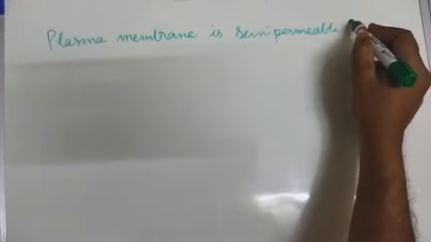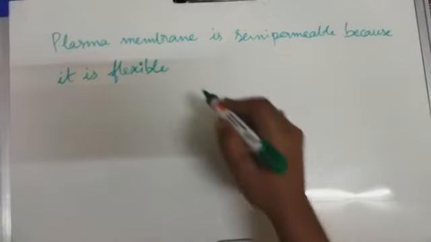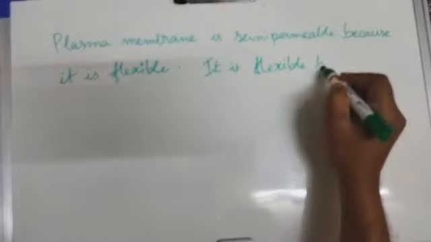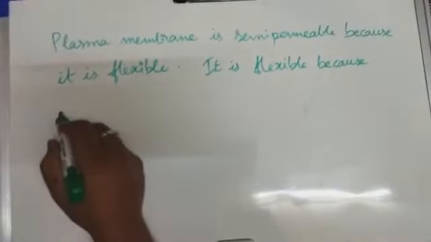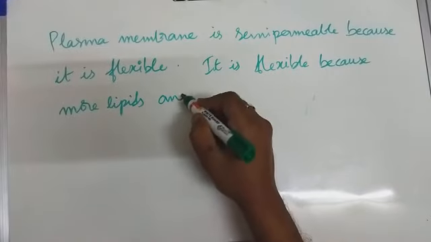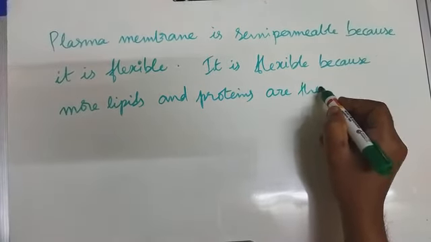Plasma membrane is semi-permeable because it is flexible, and it is flexible because more lipids and proteins are there in its structure.